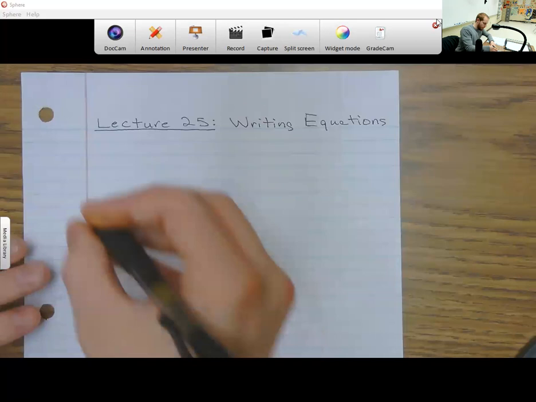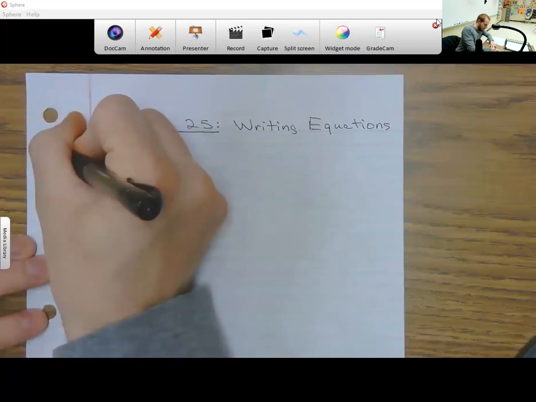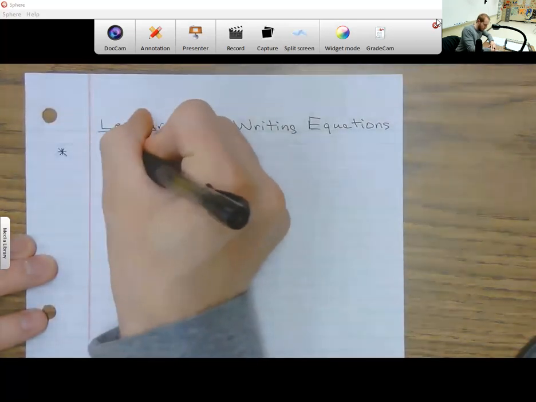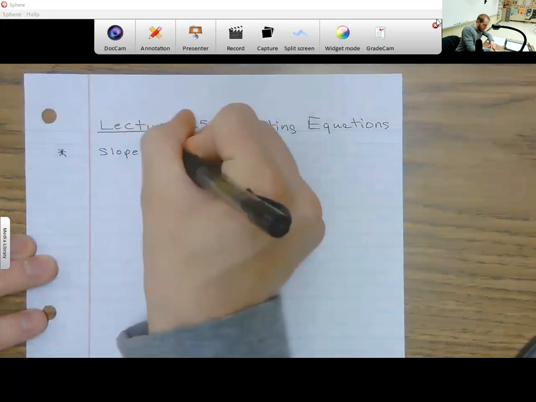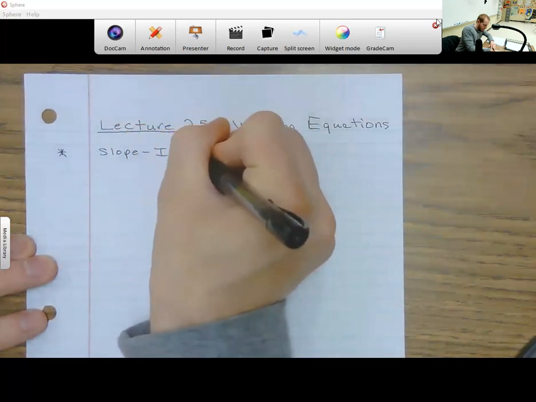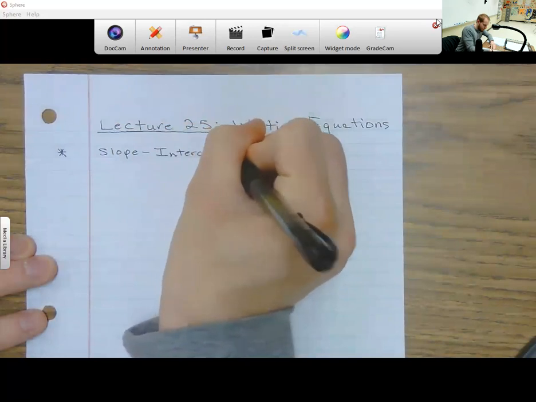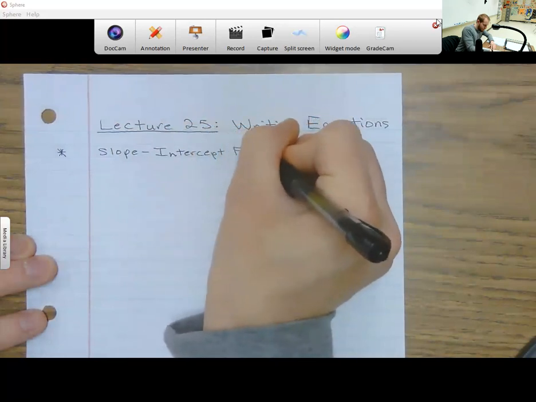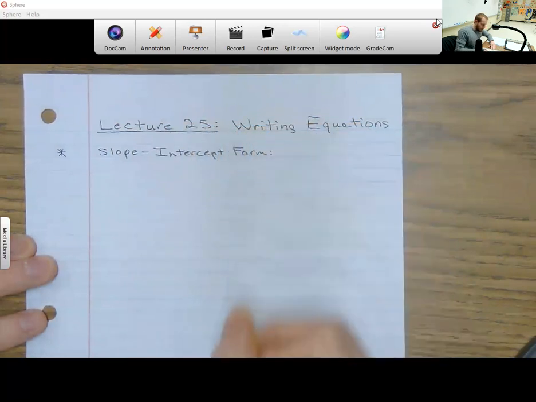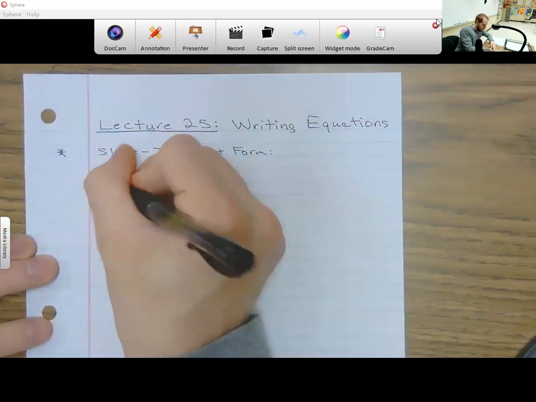So slope-intercept form is going to be y equals mx plus b.